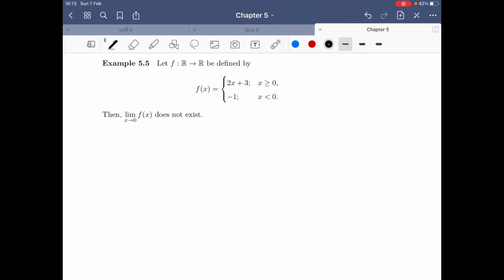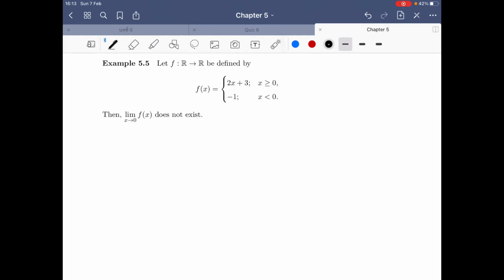We need to prove that the limit as x goes to 0 of the function does not exist. If you go back to your math one, you may use the right-hand and left-hand limits, but we haven't introduced those, so we need to use what we have learned. So what should we do?